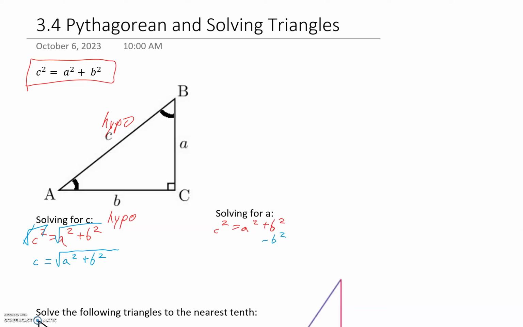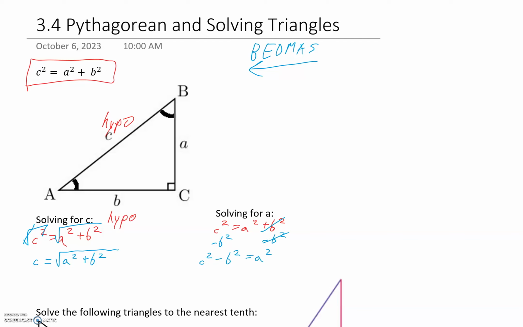Now, we can either square root or we can subtract. What happens first in opposite BEDMAS? Well, we have to subtract first. Exponents happen later, subtraction happens first. So that's why we're going to subtract b squared first, because we're doing opposite operators, opposite BEDMAS. So we get c squared minus b squared equals a squared.